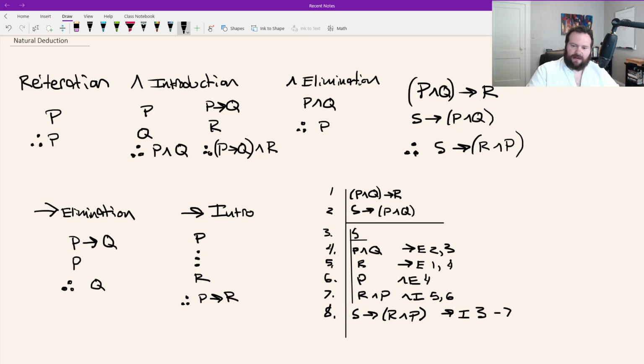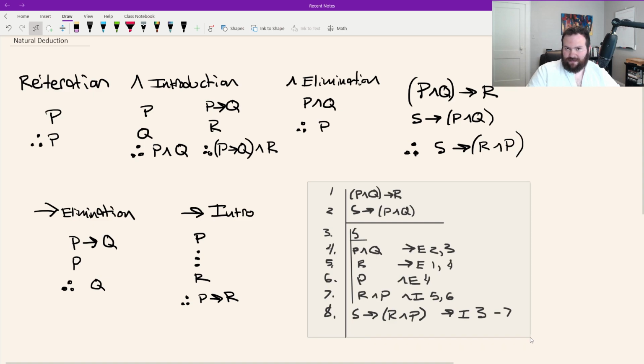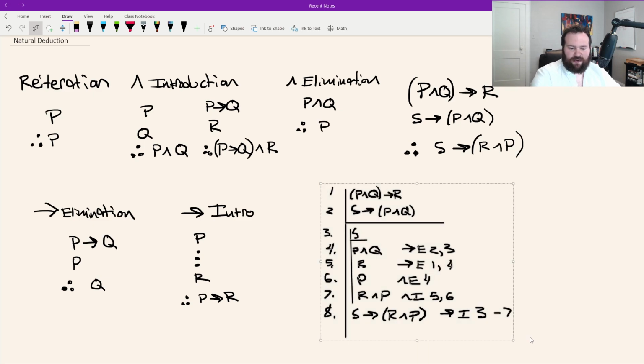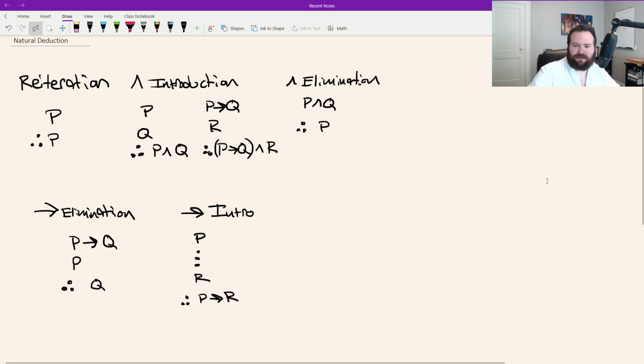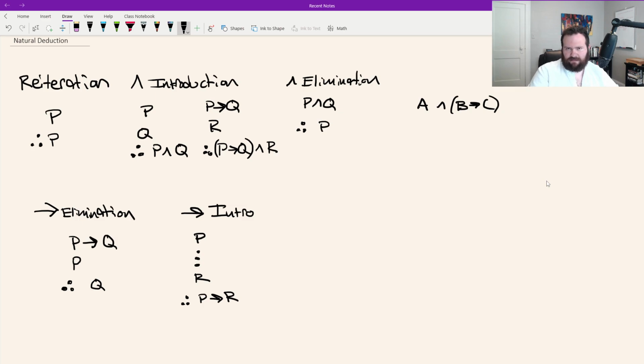Okay? Now, the last example I'll show you is a fairly simple one, but I think it's important so that you know you're not always, when you see a conditional as your conclusion, going to be using conditional introduction. Say you have something like A and if B, then C. Okay?